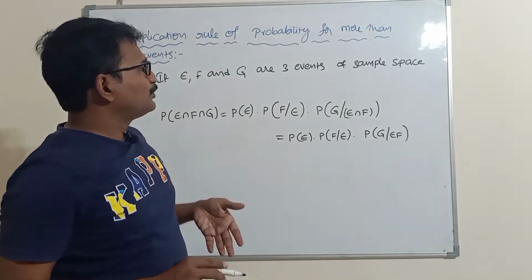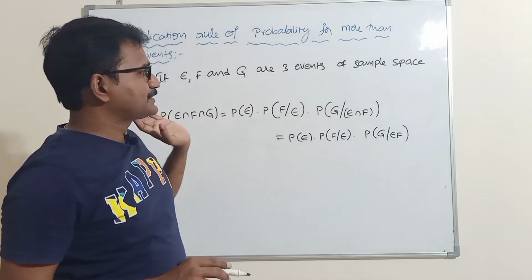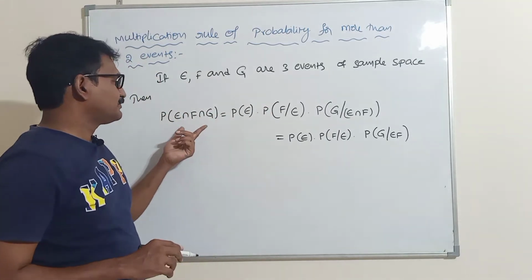If you have more than two events, that means E, F, G, three events of a sample space, then what is the formula for the multiplication theorem?